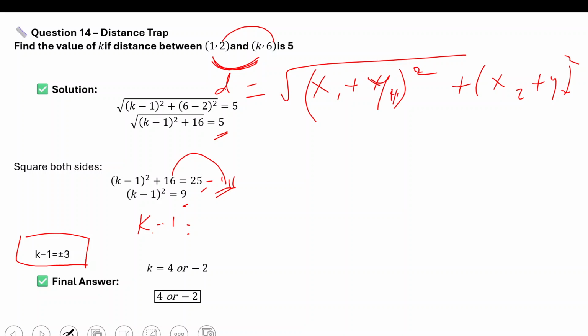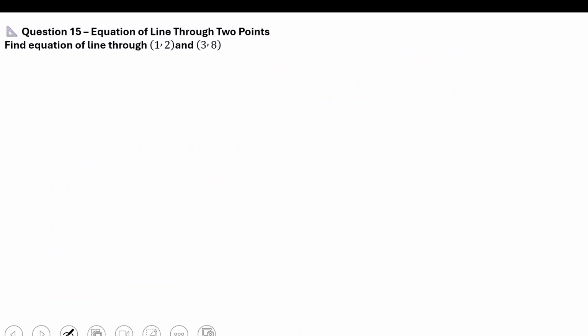And if you're using negative 3, minus 1 becomes plus 1, and minus 3 plus 1 is minus 2. So there are two solutions. These two solutions came because I have plus and minus 3 here, because when I find the square root of both sides, my solution can be positive or negative.